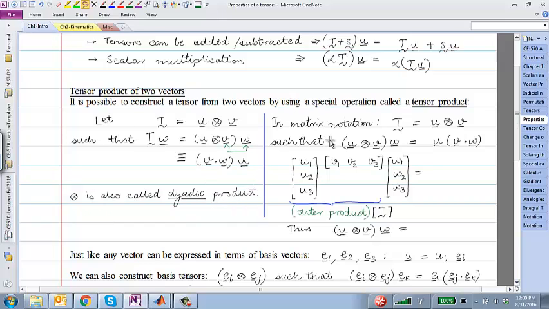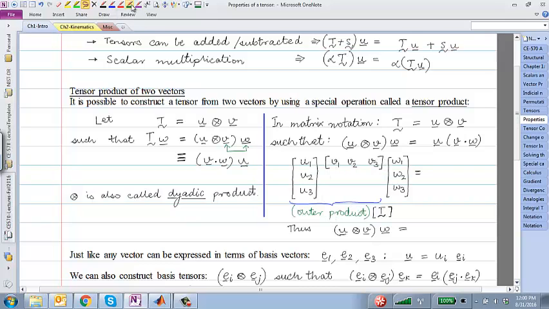But if we do work with components in a specific coordinate system, there is an easy way to understand this. A tensor T, which can be represented by U dyad V, acts upon W in this way. So we'll write U as a vertical 3x1 components, vector V as horizontal, and let me ask you, what is the product of a 3x1 with a 1x3?